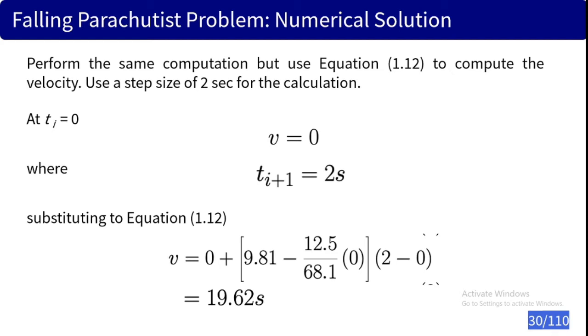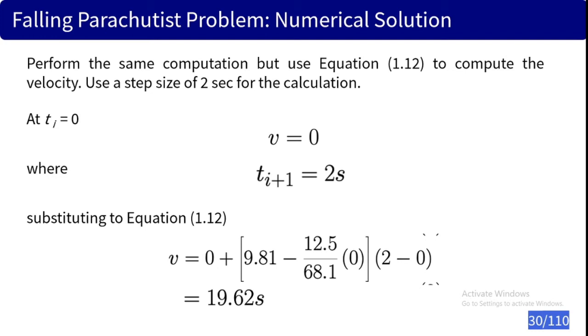Then multiply by the difference in time after one interval, which is 2 seconds. So the velocity after one interval is 9.62.